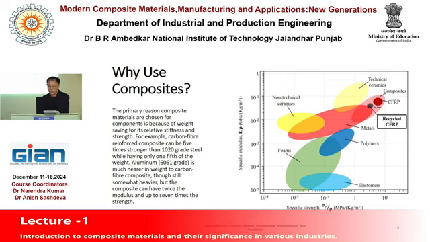Why is this kind of chart very important to design composites? Because we can choose fibers and the matrix as we wish.